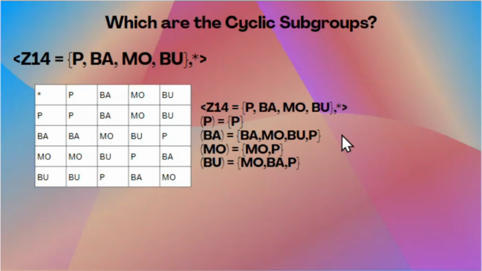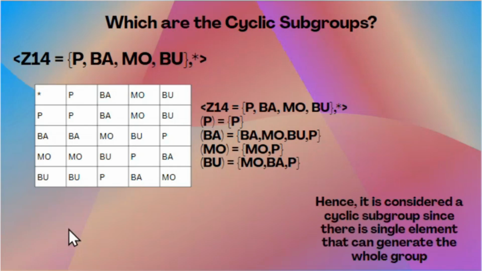And then for C sub 14, we have P, BA, MO, BU. So P star P is P, BA star BA is MO, MO star BA is BU, and BU star BA is P. Then, as you can see, there is an element that generates the whole group. Therefore, we can conclude that it's a cyclic subgroup.